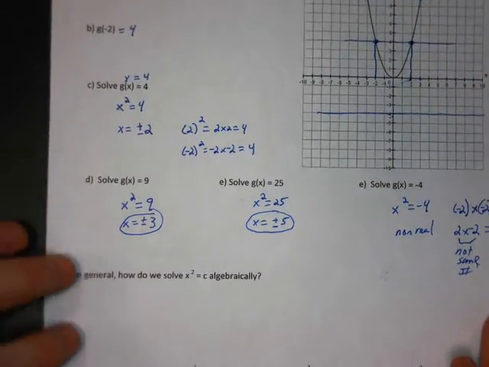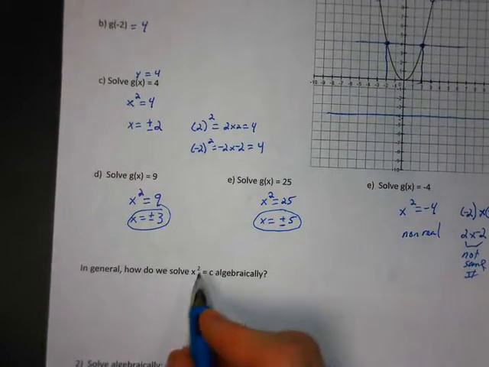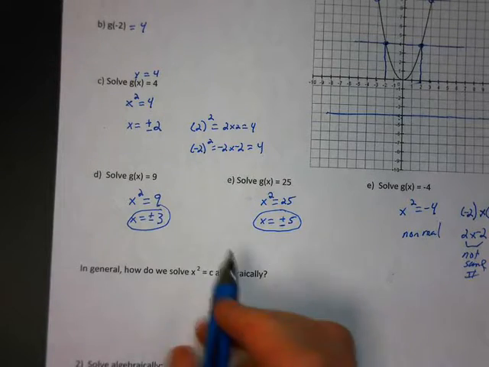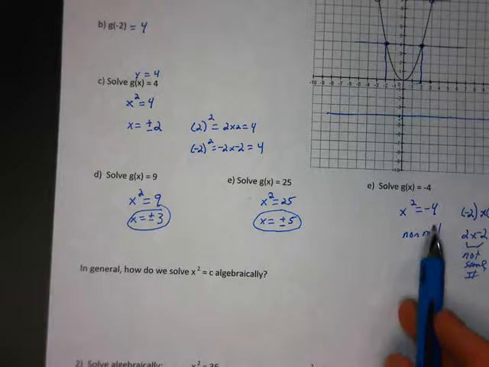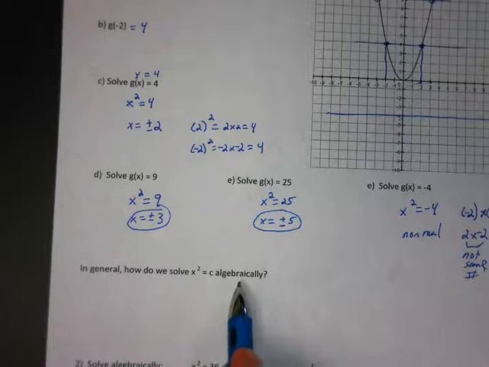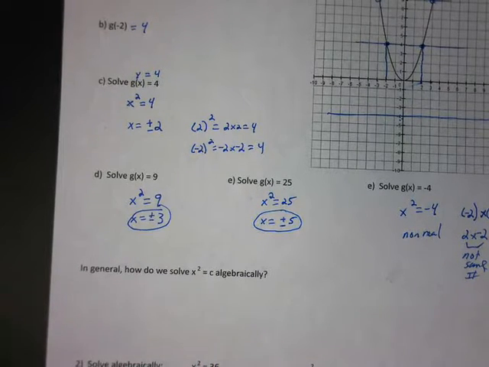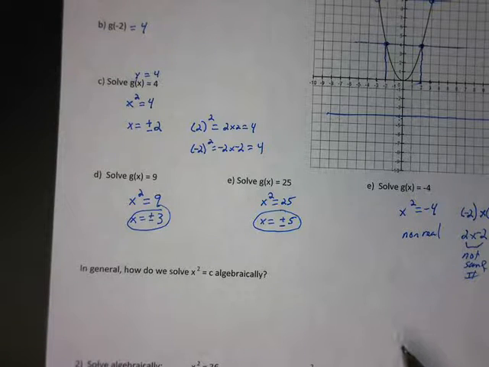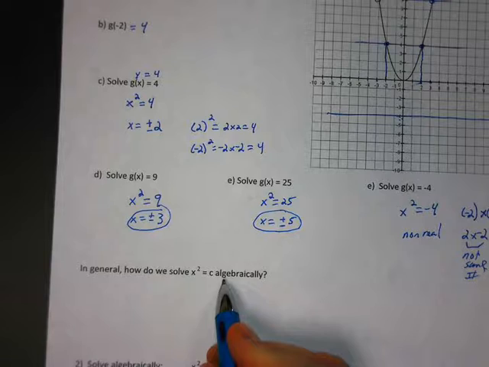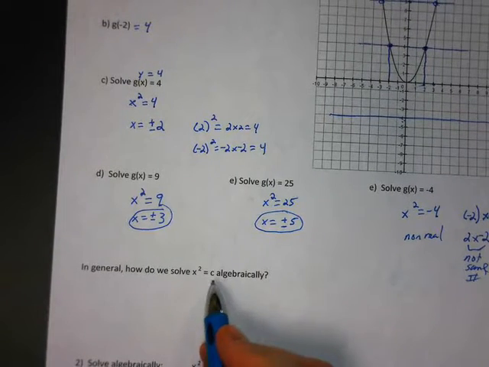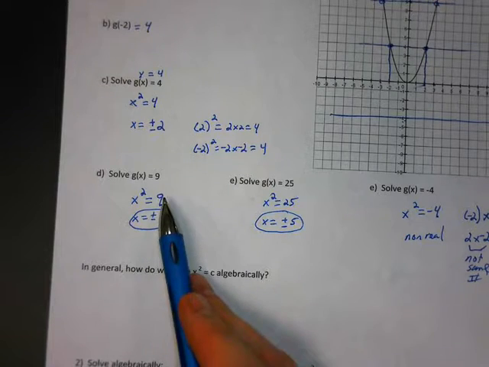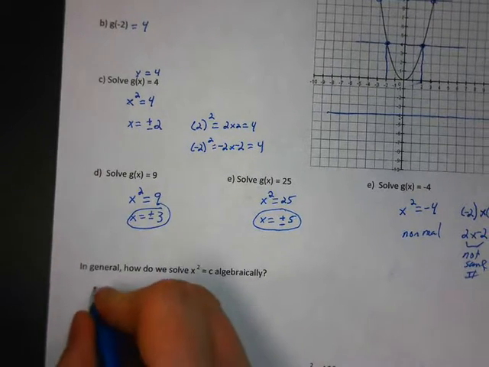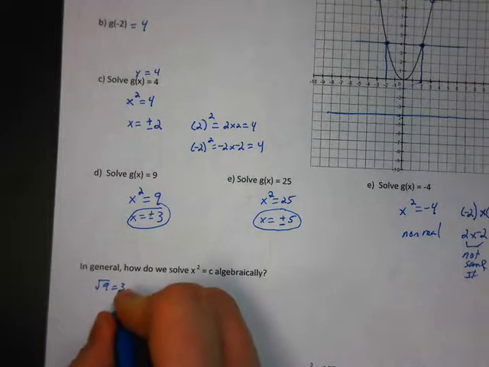Okay, so if we're looking at solving an equation like x squared equals c algebraically, like x squared equals 9 or x squared equals 25 or x squared equals negative 4, if you're trying to solve them algebraically, meaning show the work, not just looking at a graph and seeing where they intersect, what we're looking at here is, is there an algebraic way to get our answer? So when we had x squared equals 9, what you might notice is the square root of 9 equals 3.